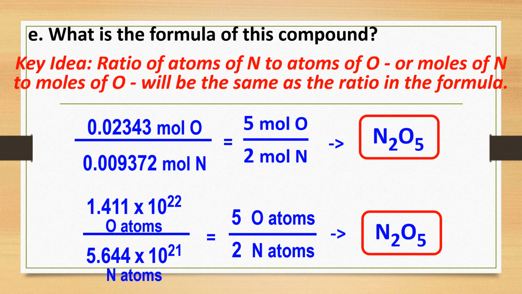That means you have 4 over 10, which is the same as 2 over 5, with the 2 moles of nitrogen on top. So it will give you the same ratio, which is equivalent to the same empirical formula, 2 nitrogens and 5 oxygens, which is N2O5.